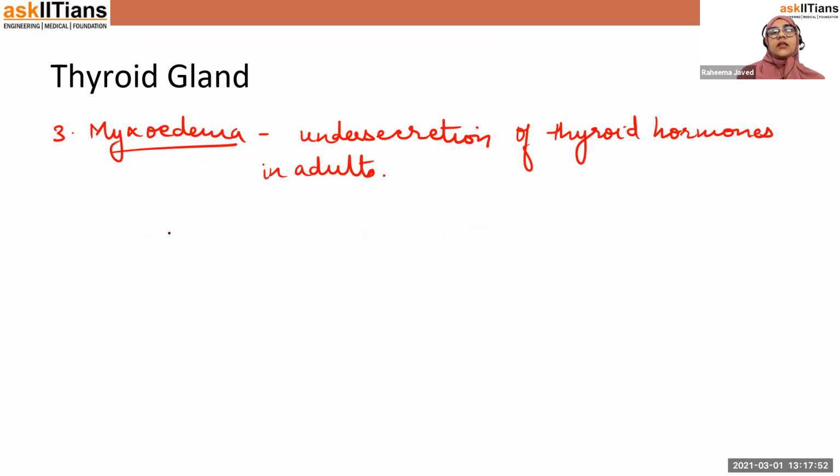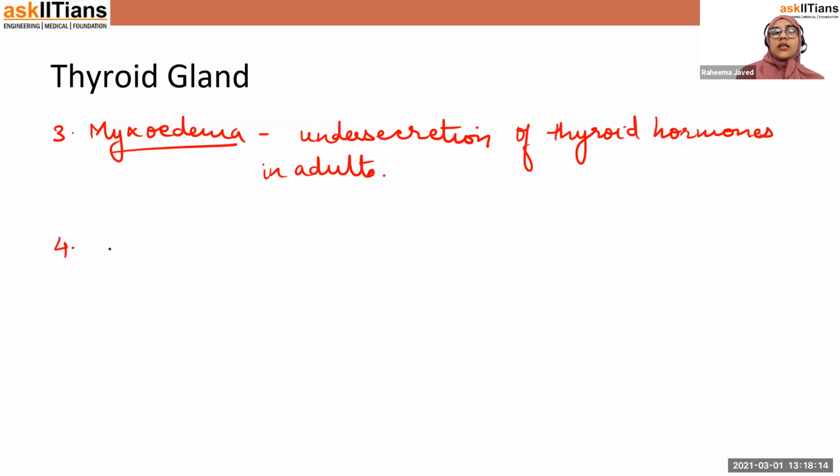Again, there will be low metabolism, low metabolic rate, low heartbeat, low breathing rate, everything will be low. And these people also suffer from low intelligence, so mental faculties also don't develop, both in myxedema and cretinism. So these are some of the symptoms.